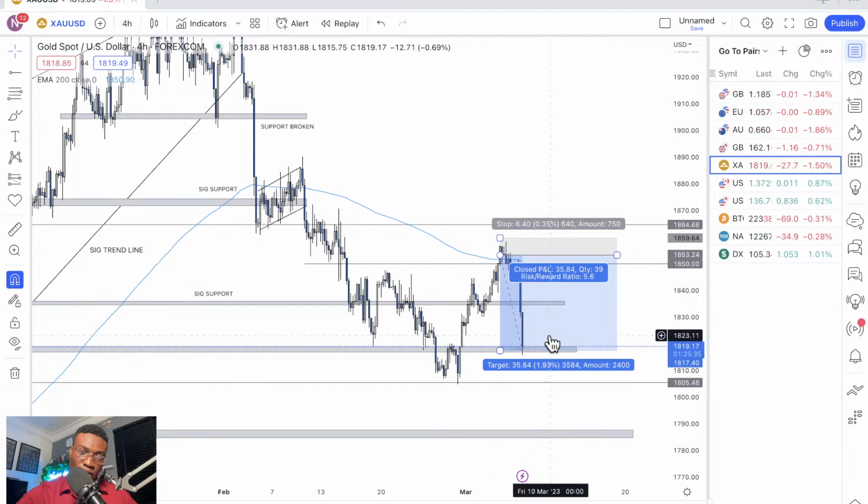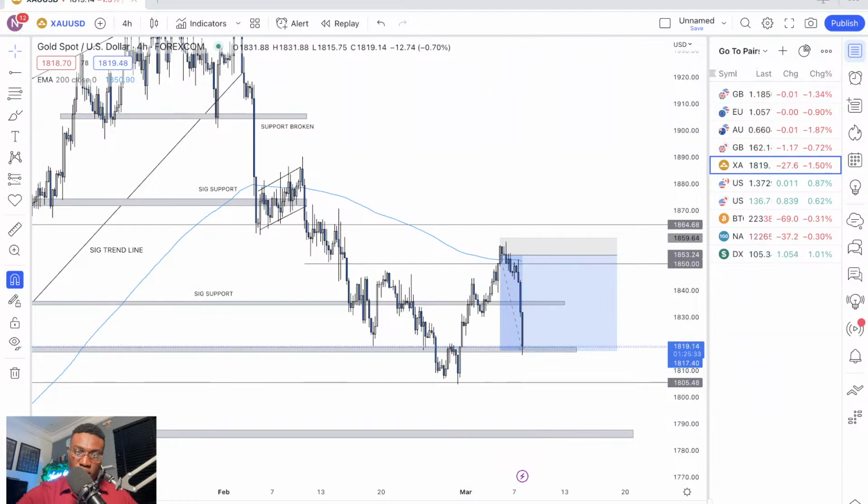I believe we're going to have some slow moments, or should I call them retracements, on gold at this point. But there's still room to the downside, which I believe gold would get to in the coming days. At least here.